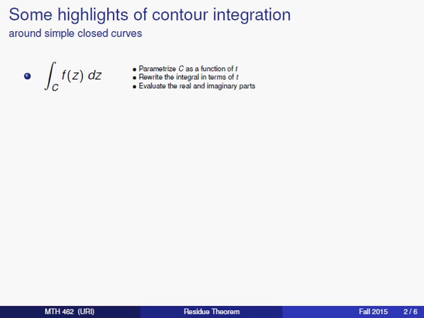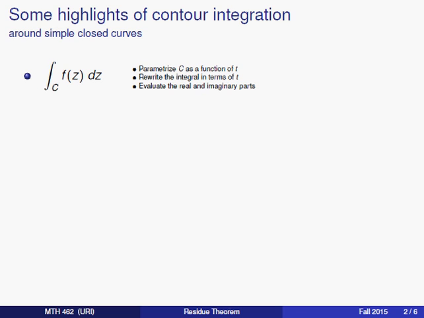If you're integrating around the contour C, what you would usually do is parameterize C, put it in terms of a parameter variable, say t, and then you would feed that parameterization into your function, and for z and the dz, we'd rewrite the integral in terms of t. And then we would have an integral that we could break up into the real and imaginary parts, and those parts would just be integrals of a single real variable, so you can compute them using your integration techniques from past courses. This wasn't quite satisfying, though, to us.